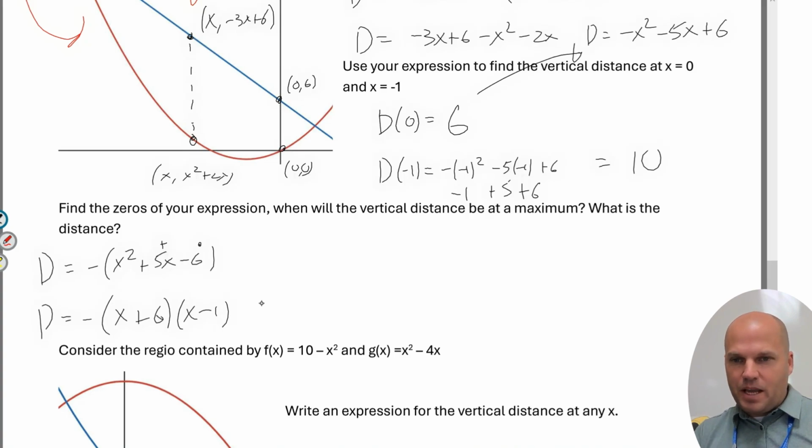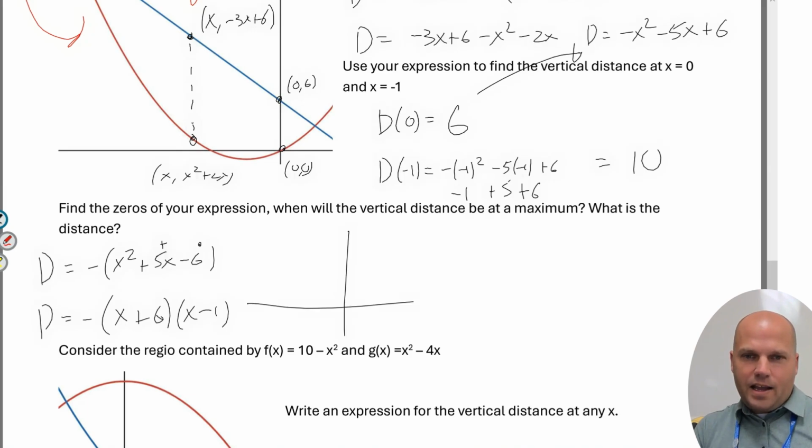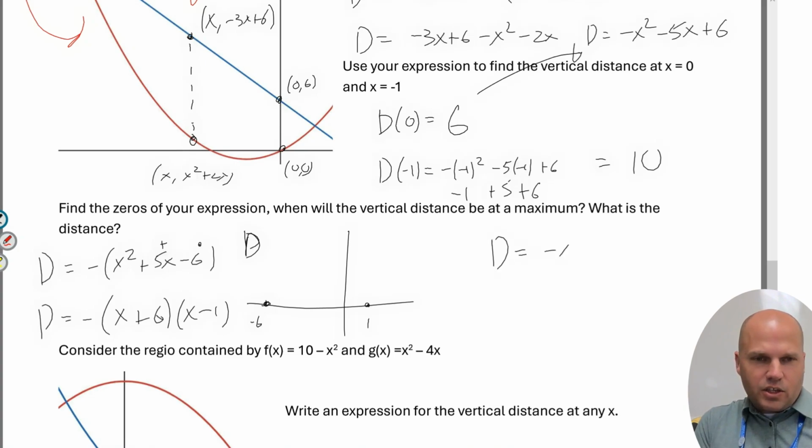And the two numbers are going to be 1 and negative 6. So when I graph my distance, negative 6 is a 0, 1 is a 0. I know that it's this negative x squared graph. My distance equation is negative x squared minus 5x plus 6.